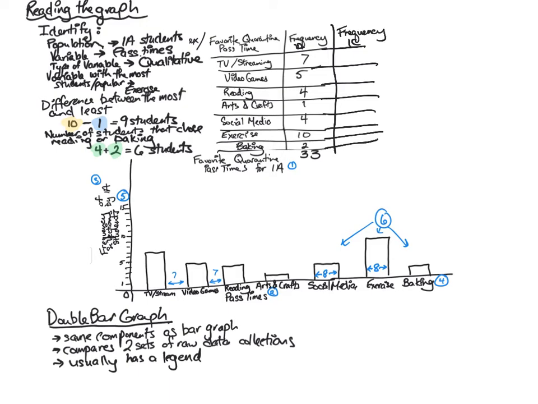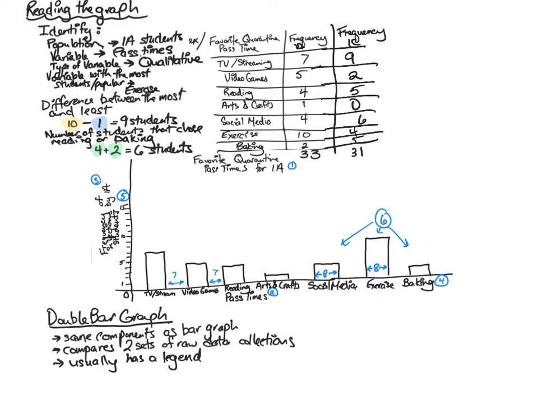And let's put some numbers in there. 9 for TV, 2 for video games, 5 for reading, 0 for arts and crafts, 6 for social media, 4 for exercise, and 5 for baking, for a total of 31.